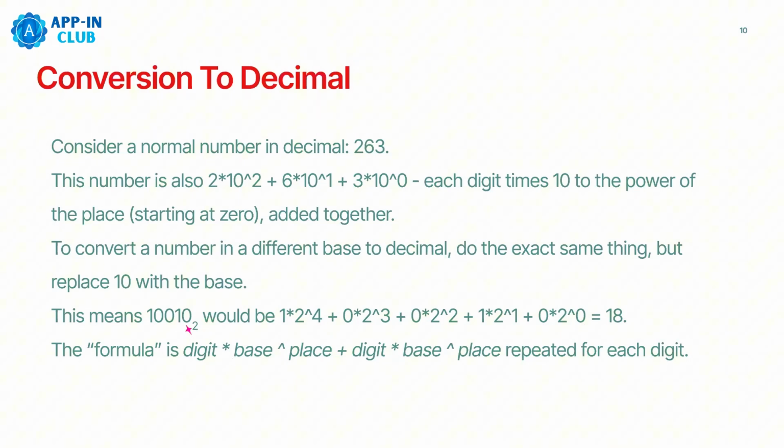Remember, the place it starts at is 0, so this is 0, 1, 2, 3, 4. The formula is digit times base to the power of place, plus digit times base to the power of place, and then this repeated for each digit.